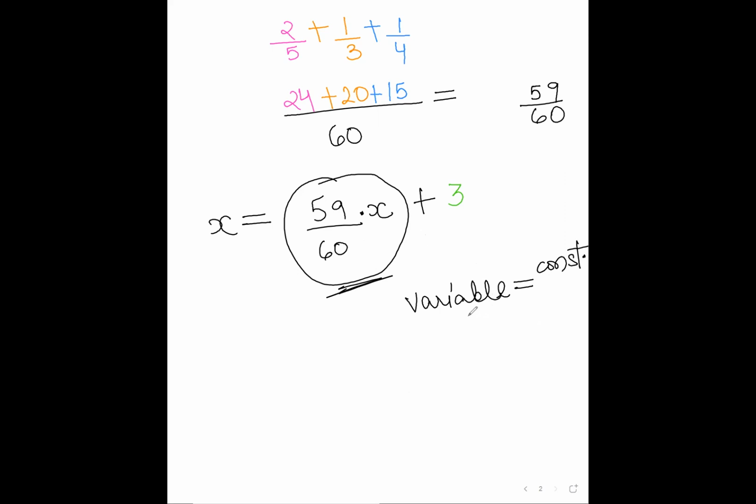That is your number one goal in solving an equation. The constant is this 3. Any number, or any fraction, basically any number that does not have a variable in it, is a constant.